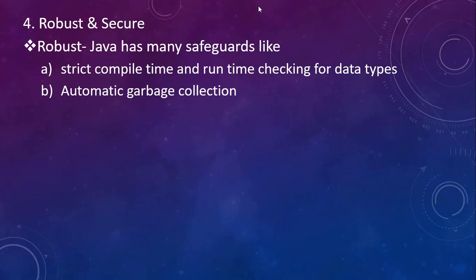But in Java, you don't have to write a destructor. This garbage collection, that means freeing the unutilized memory, or removing all the unused objects which are no longer required, happens in a periodic fashion, and this is called automatic garbage collection.